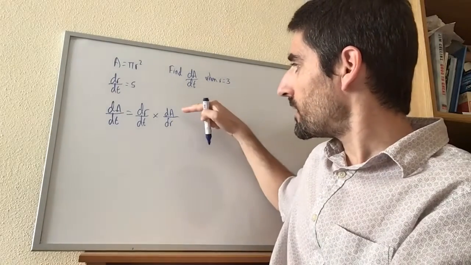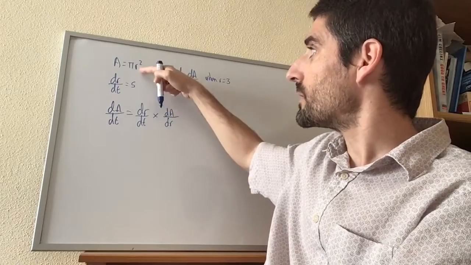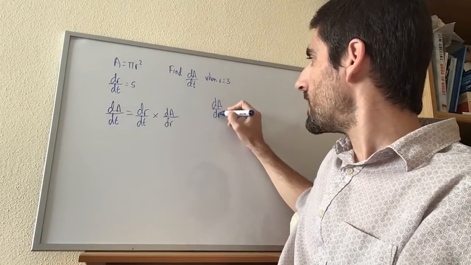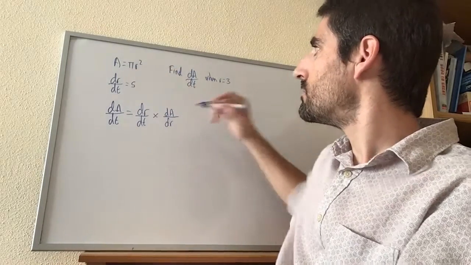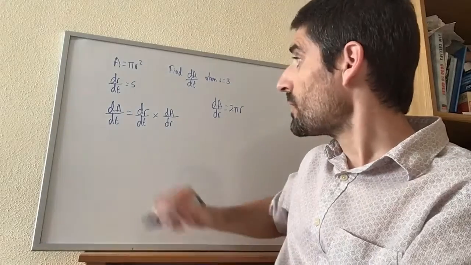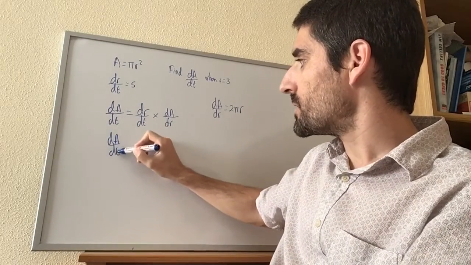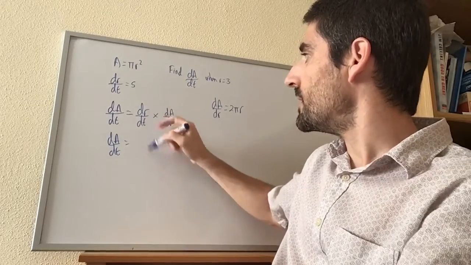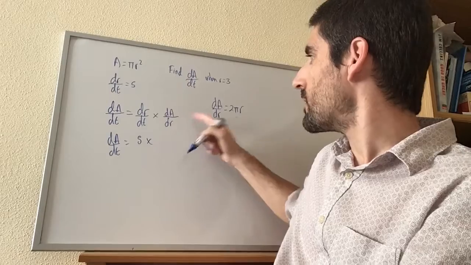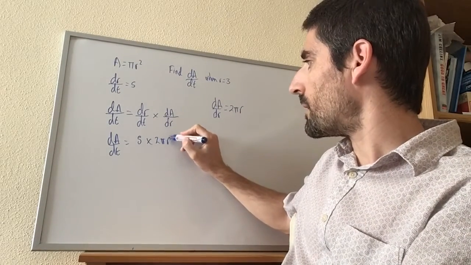So I need to find the derivative of the area relative to the radius. So I need to find from here dA over dr is actually 2 pi r. So dA over dt, which is what they're asking me to find, is dr over dt, which is 5, times dA over dr, which I've calculated, is 2 pi r.